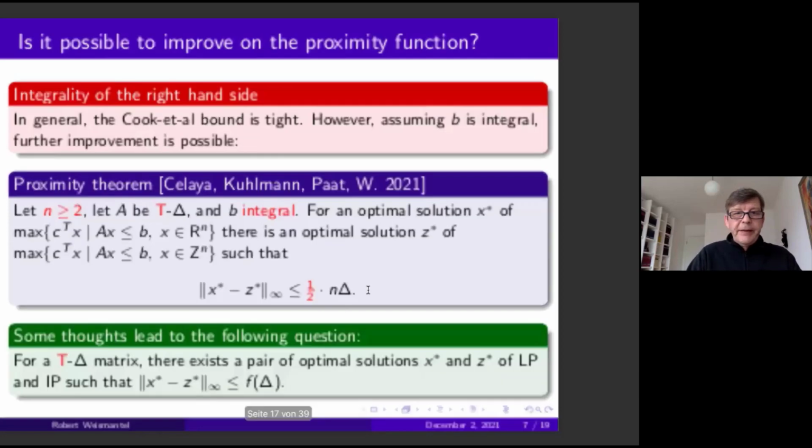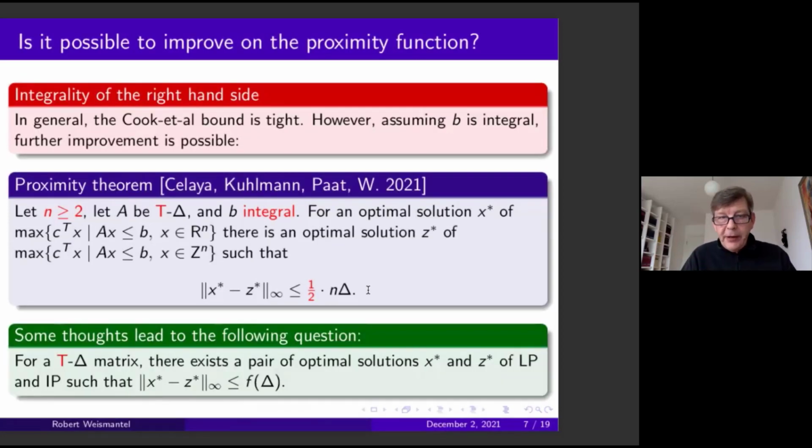Still, we are absolutely convinced, and I'm absolutely sure, that you can bound this by a function only depending on delta. This is the target where we would like to go. But what I now want to do is give you a glimpse of why you can at least hope for a little bit of improvement.